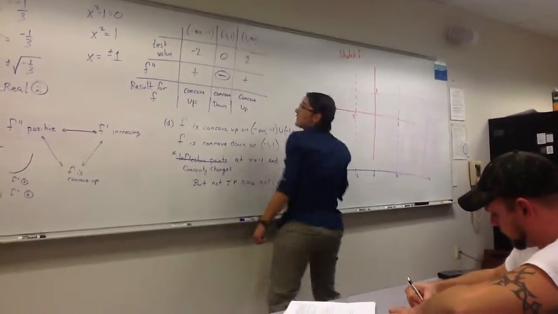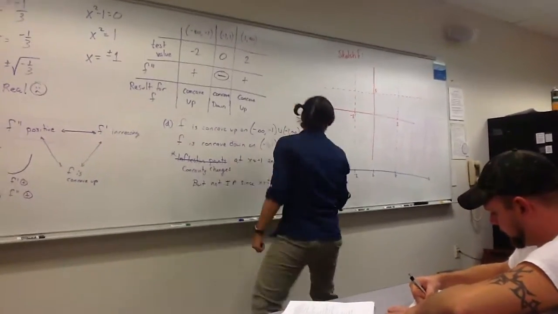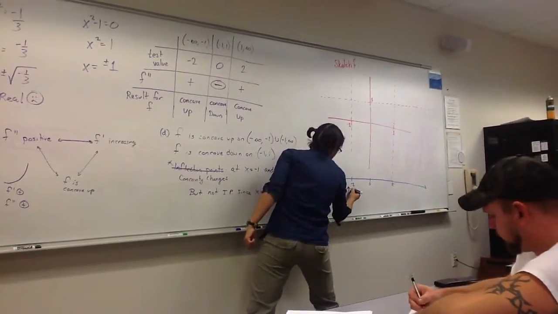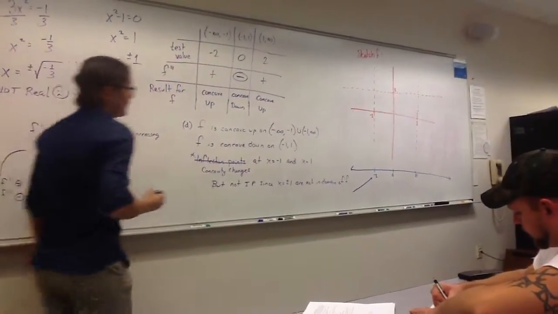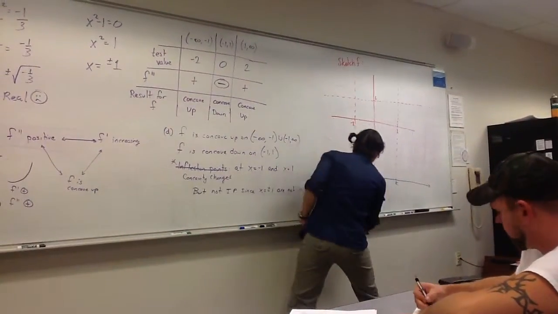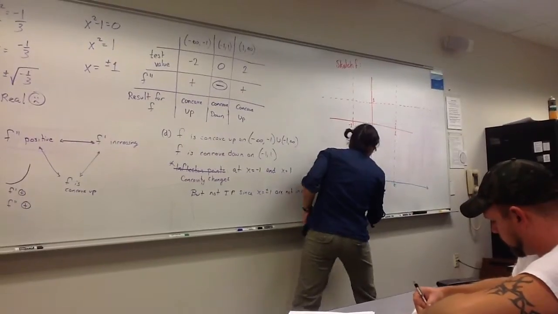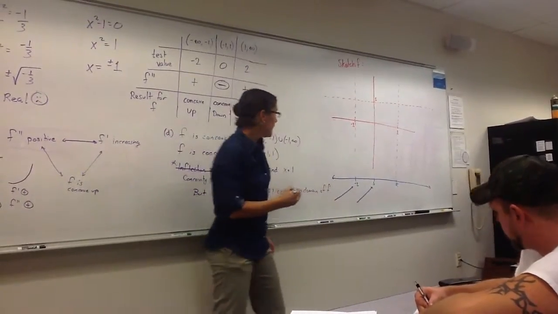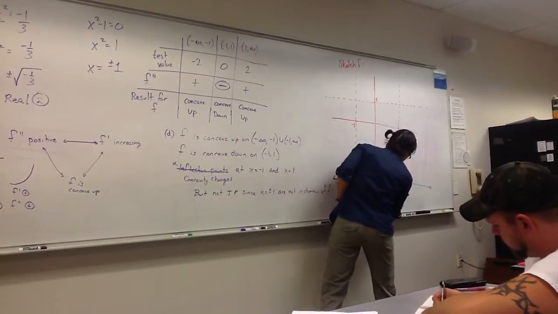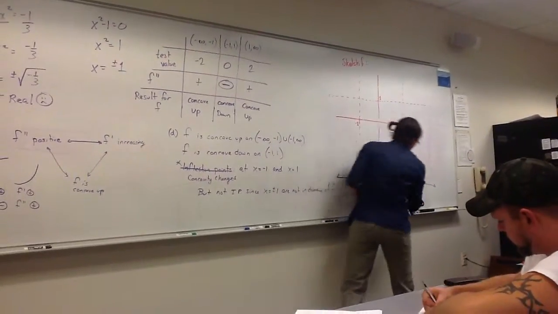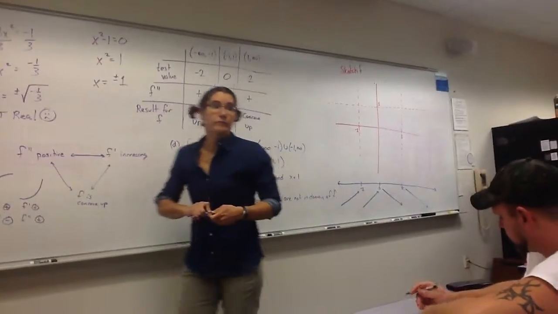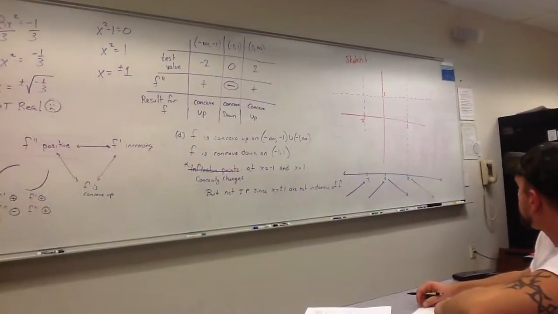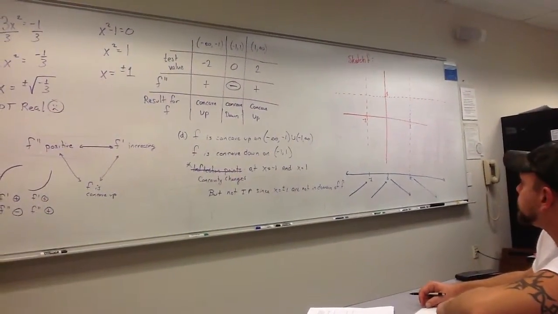So f is increasing on our first interval from negative infinity up to negative 1, as well as from negative 1 up to 0. And then f is decreasing on the interval from 0 to 1 and from 1 to infinity. Okay, so we've got that information.